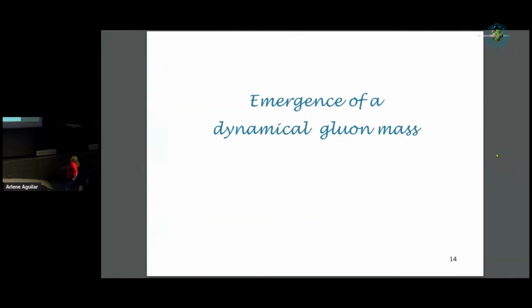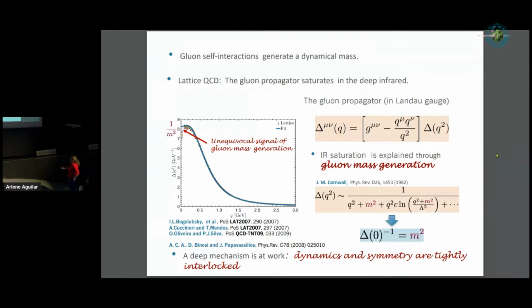So let's talk about the dynamical mass generation in this background formalism. In the last 20 years, you have an accumulation of evidence that the gluon self-interaction generates a dynamical mass.